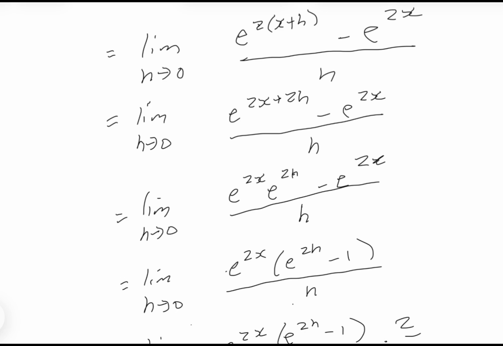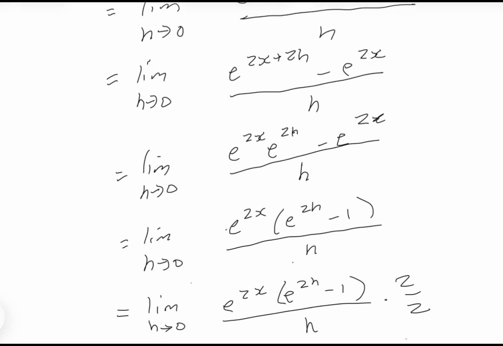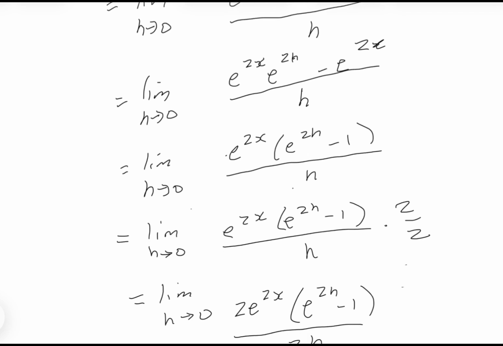That's equal to the limit as h approaches 0 of e to the 2x plus 2h minus e to the 2x all over h. That's going to be equal to the limit as h approaches 0 of e to the 2x times e to the 2h minus e to the 2x all over h.